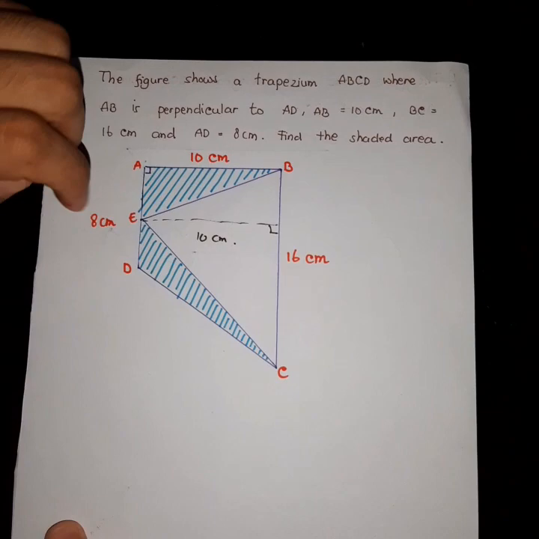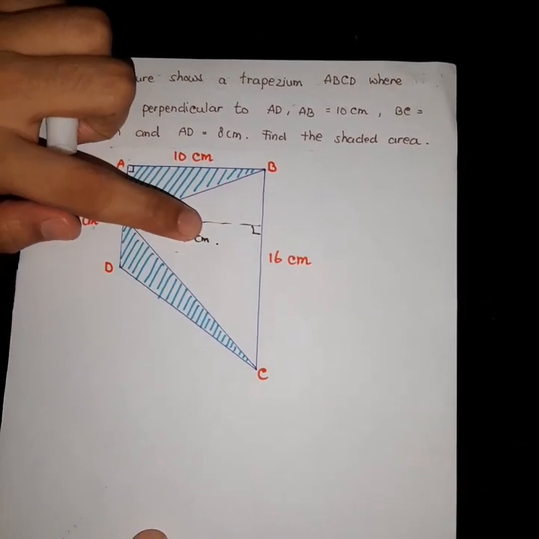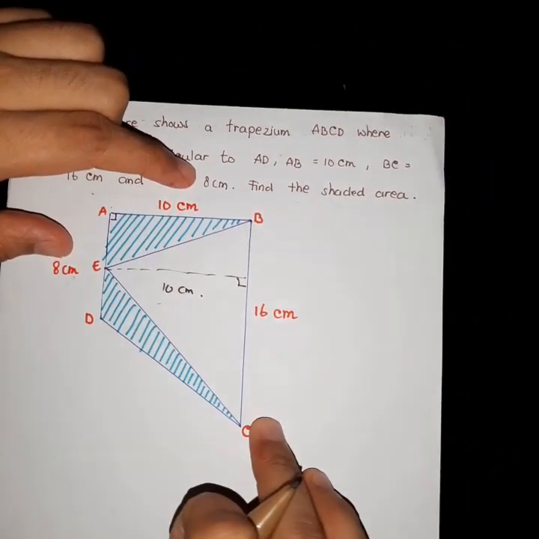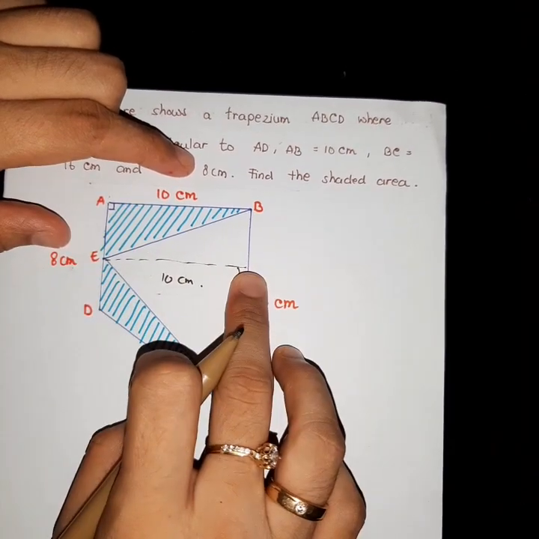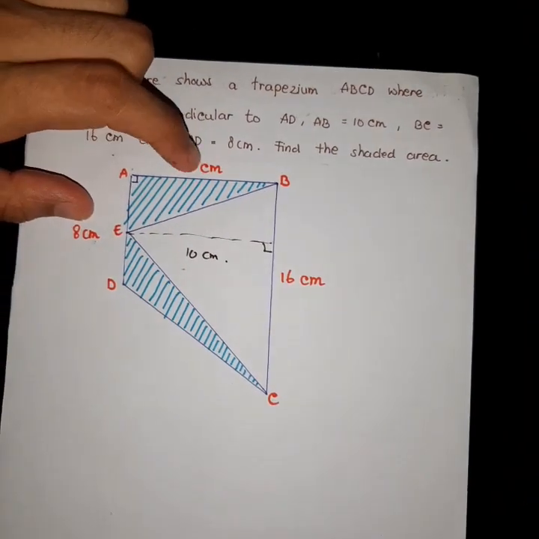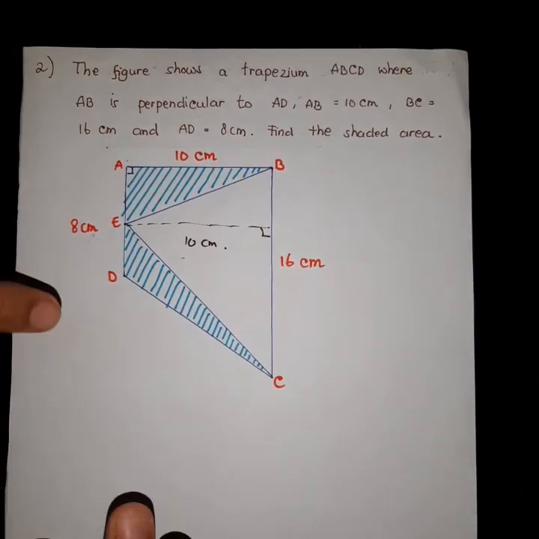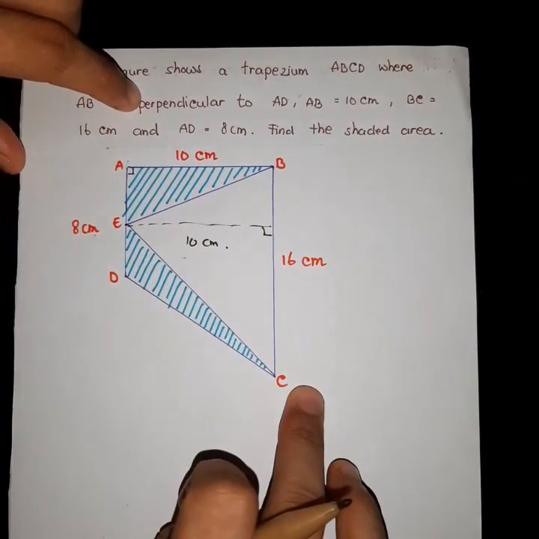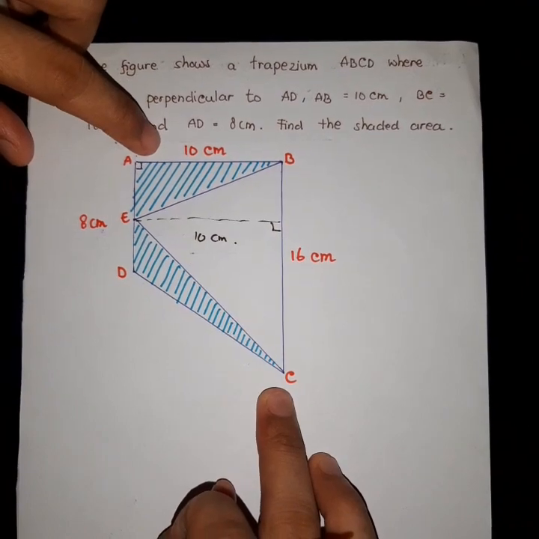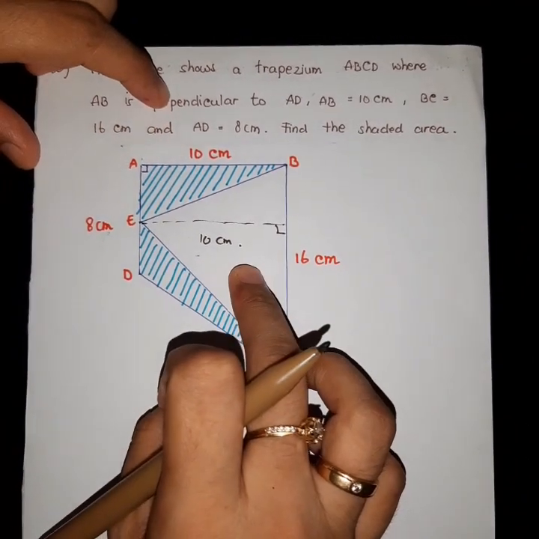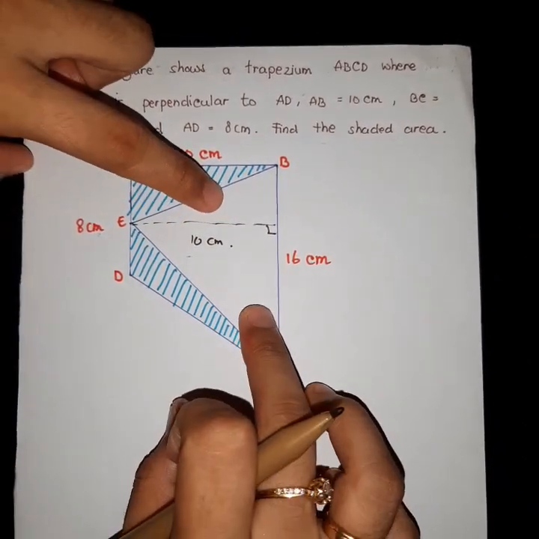It means we can find the area of this one, right? Because we have the base and we also know the height. The idea to find the shaded part is by subtracting the unshaded part, which is in the shape of a triangle, from the biggest figure, which in this case is the trapezium.